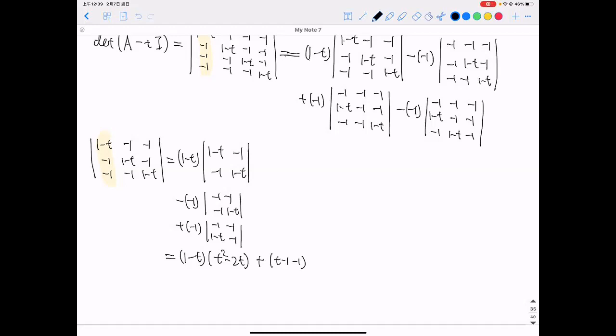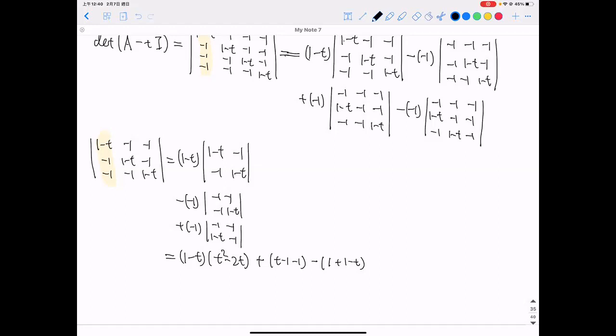And I have minus, what is this, 1 plus 1 minus t. Is that right? Minus 1. Yeah, that's right. Minus 1, 1 plus t minus 1 minus t. Yeah. So this is t minus 2 here, minus 2 minus t.